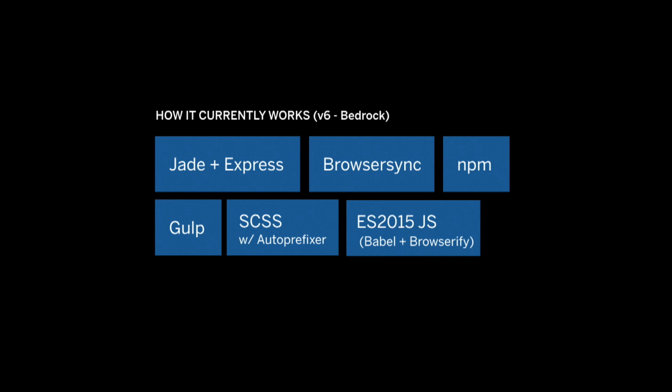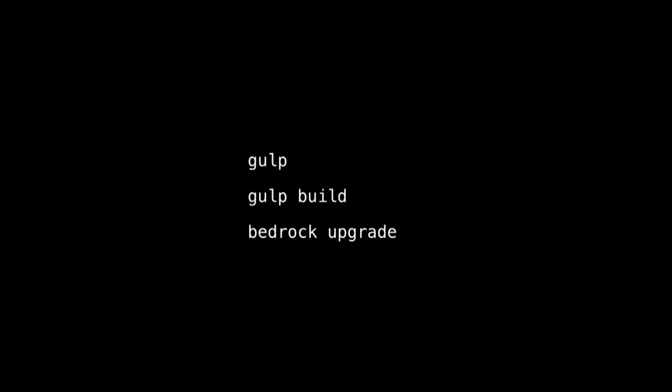But for the JavaScript persons in the team, that's really helpful. There's 3 main commands, which is gulp, which I used before to run the prototype, and then you can work in it. There's gulp build, which creates a build that you can put on a server somewhere, and Bedrock upgrade, which is just a way to upgrade Bedrock to the latest version.